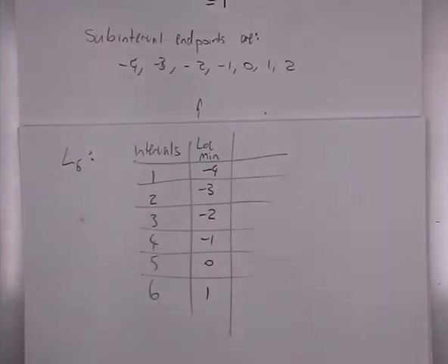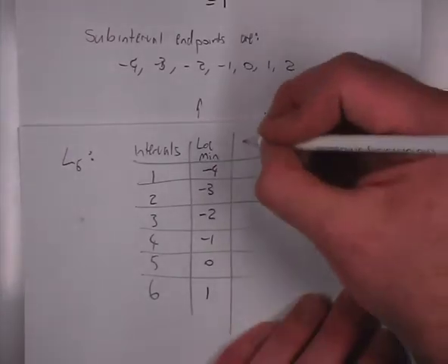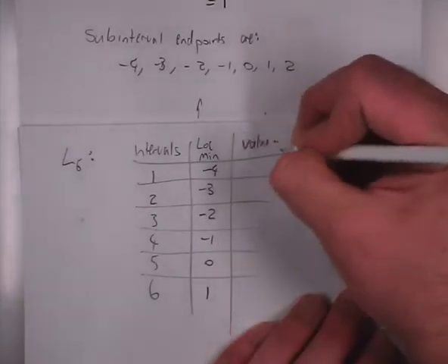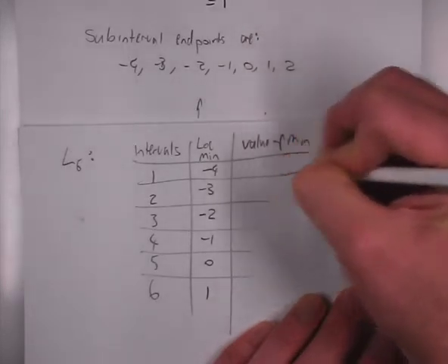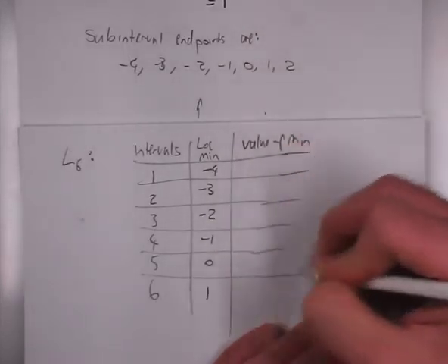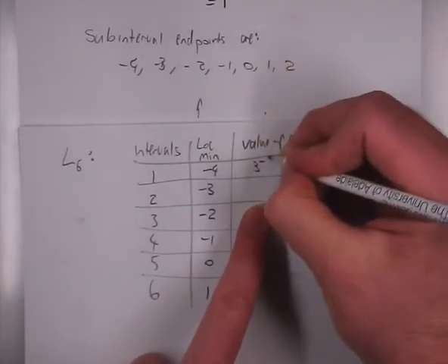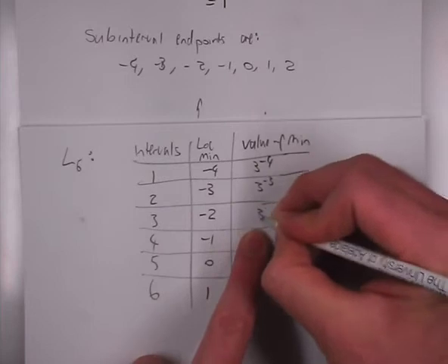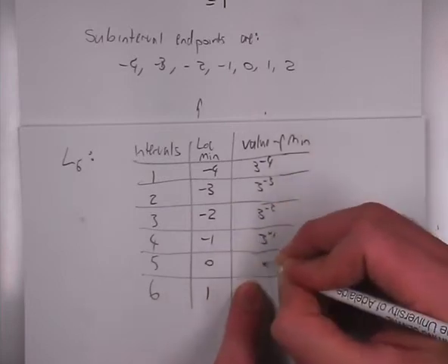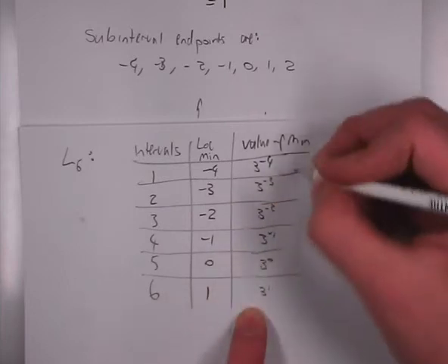They're the left-hand ends of each of the intervals. I just have to sub it into the formula. So the value of the minimum would be 3 to the -4, 3 to the -3, 3 to the -2, 3 to the -1, 3 to the 0, and 3 to the 1.